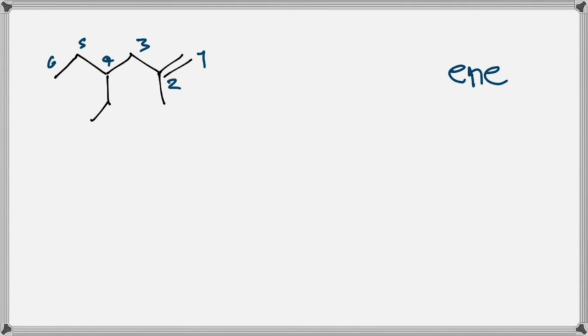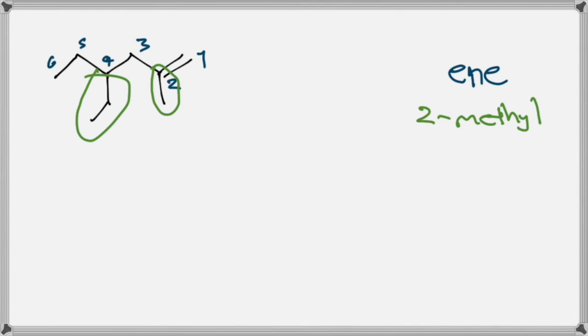So let's say with green, we have here a methyl and an ethyl, we're going to have 2-methyl and 4-ethyl. We're also going to have to put that our double bond is going to be a 2-ene, and sorry, this one right here was going to be a hexene, since it has 6 carbons.